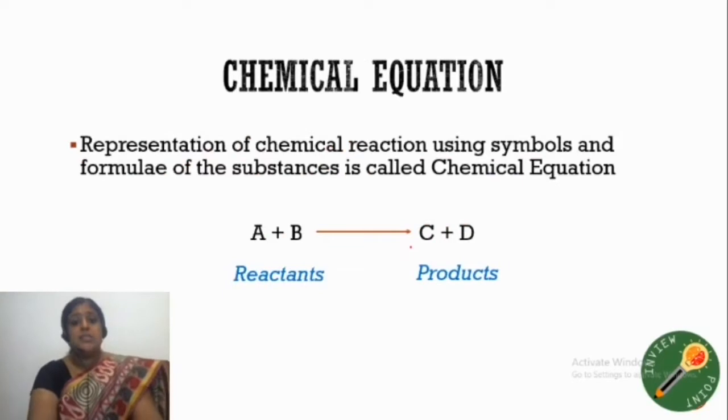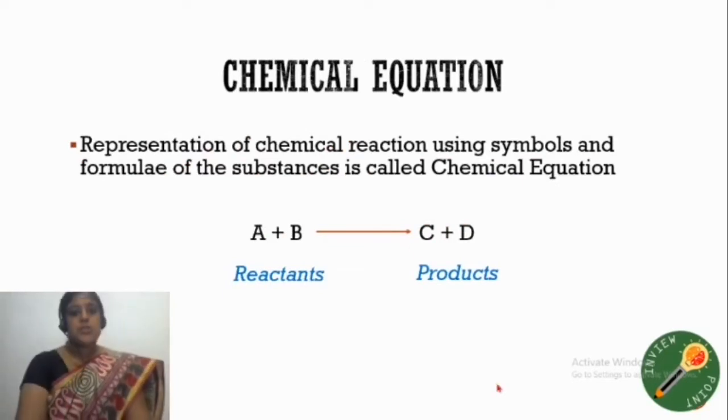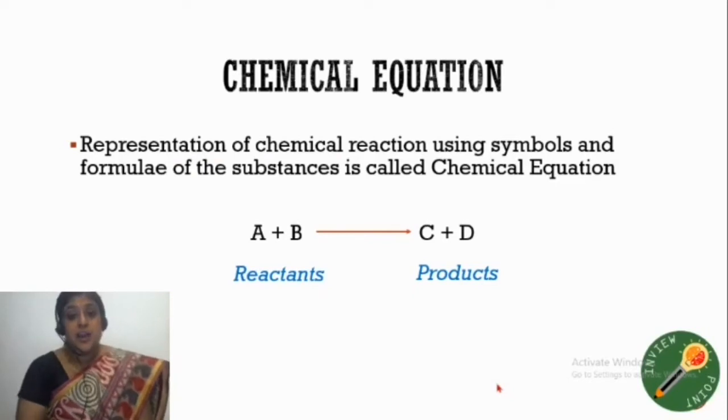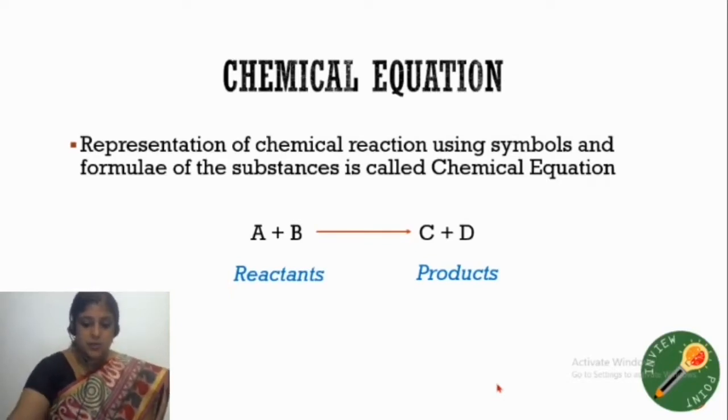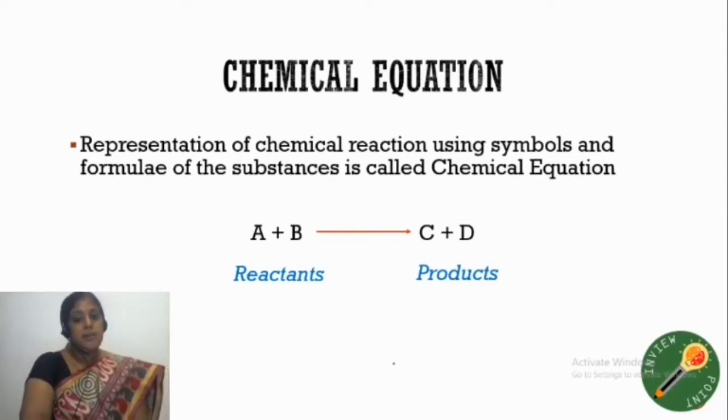Now let's discuss what is a chemical equation. So students, what is a chemical reaction? A chemical reaction involves a chemical change in which substances react to form new substances with entirely new properties, right? So we studied what is a chemical reaction. Now we'll be studying what is a chemical equation.